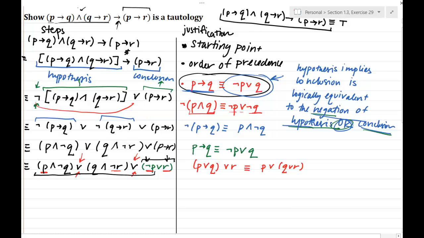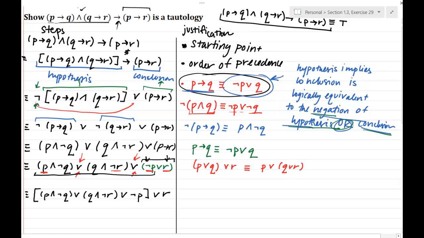And then use commutativity to move that not P by the P that I want it to be, okay? All right, so I'm going to group each of those three at the beginning. So I've got P and not Q, I've got or, I've got Q and not R, I've got or, not P, okay? And then I've got or R still.